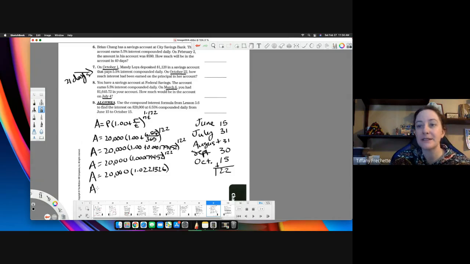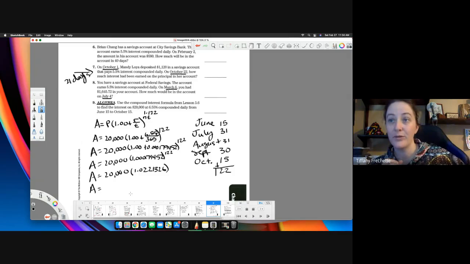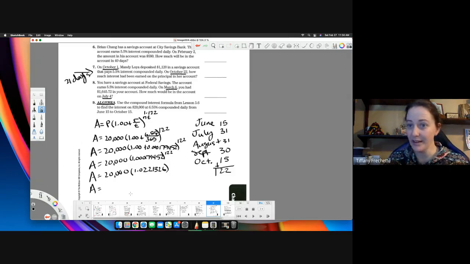So the last piece here is we literally just multiply the number that we have in our calculator times 20,000, and that'll tell us how much we have in our account at the end of this 4-month period. And I'm saying 4-month period because it's 3 full months and 2 half months. So it's basically 4 months. So make sure you're paying attention to what they're asking though. They want to know the interest. Find the interest on this amount.